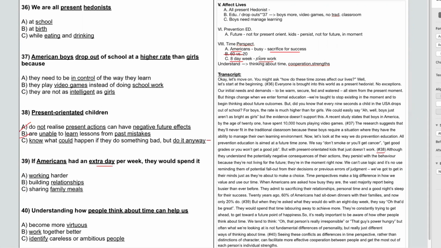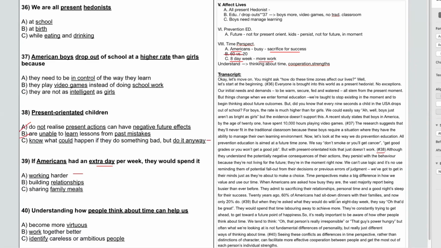And just the fact that we see here more work corresponds directly to A, working harder, because the speaker didn't really necessarily talk about building relationships. The speaker did mention sharing family meals, which again is a trick that the IELTS exam will have, because you'll hear the keyword and then the speaker will immediately talk about why that is not the answer.